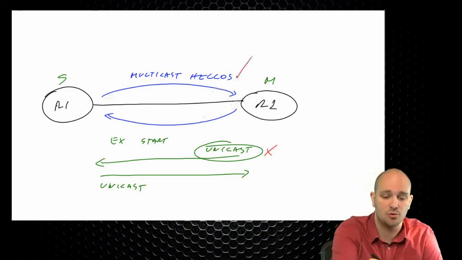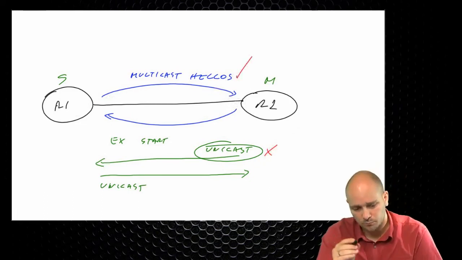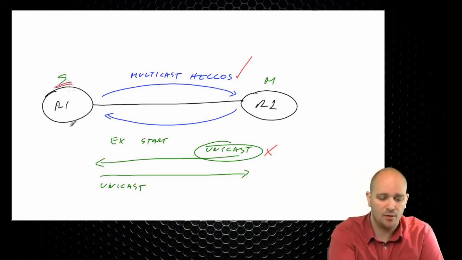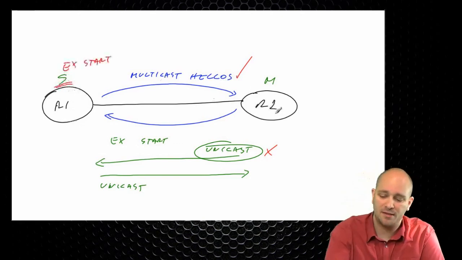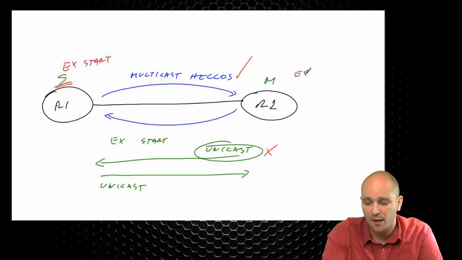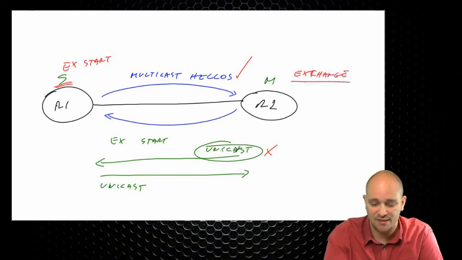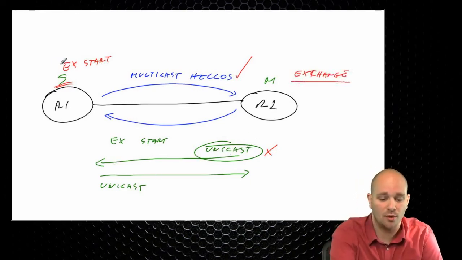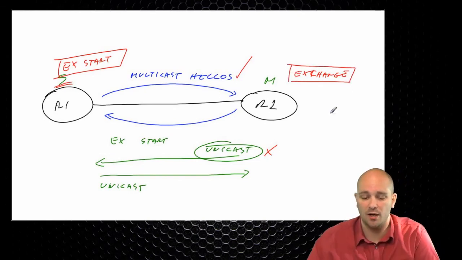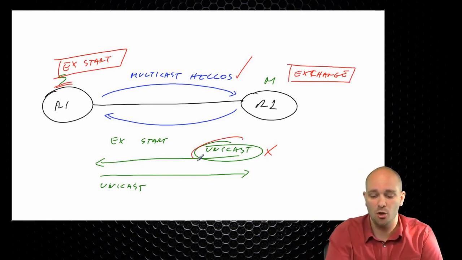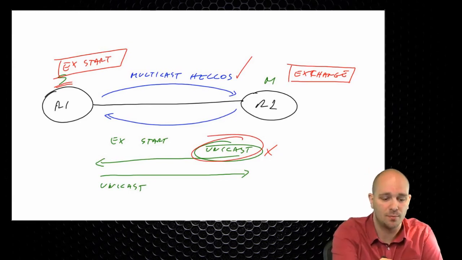If you have this situation, your slave side will be stuck in exchange start, very likely, but the master is probably going to move into the exchange phase and initiate this unicast communication. So if you have a situation where one side is stuck in exchange start and the other one is stuck in exchange, look for unicast reachability.